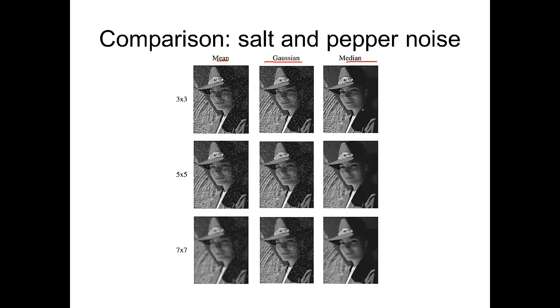But with the median filter, the result is much better than the mean filter and Gaussian filter. Compare the filters with other sizes, they show the same. You will find the median filter is better. So the median filter works better on salt and pepper noise than the mean filter and Gaussian filter. That's the advantage of the median filter.